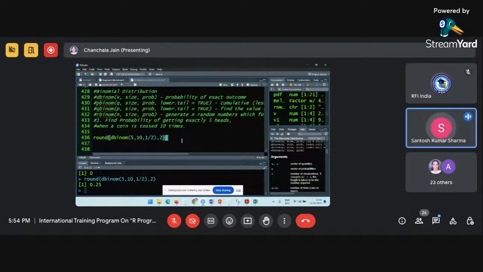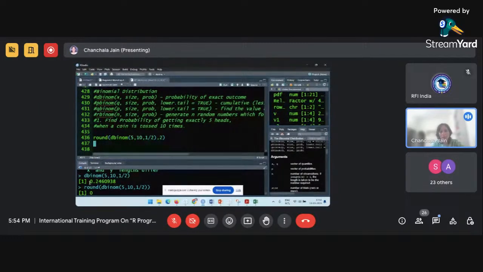Ma'am, please explain why after 1 by 2 again 2 is written. Okay, I'm making it easier for you, sir. As you can see, previously the probability value was coming as 0.2460938. It is a very long figure, right? So I have rounded off this value up to 2 decimal points.